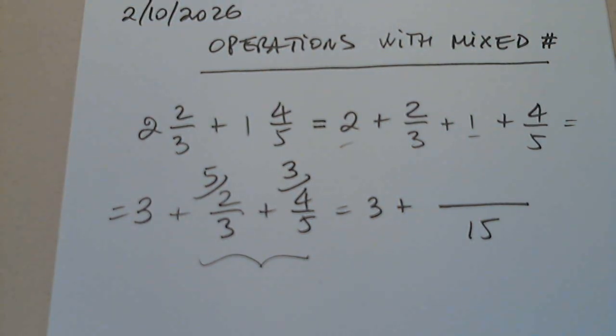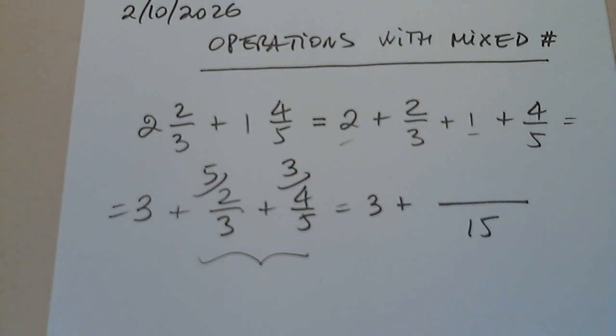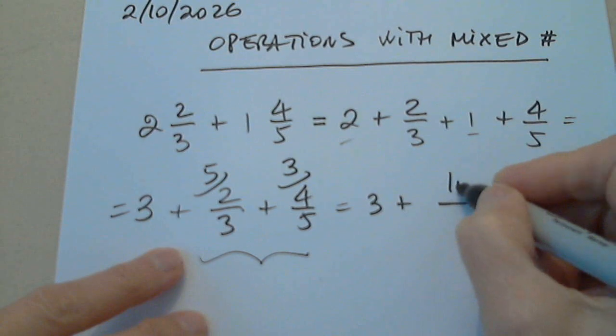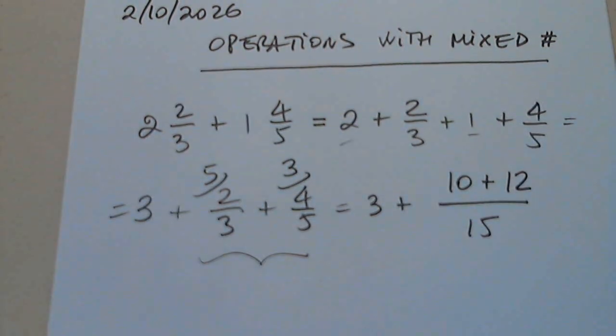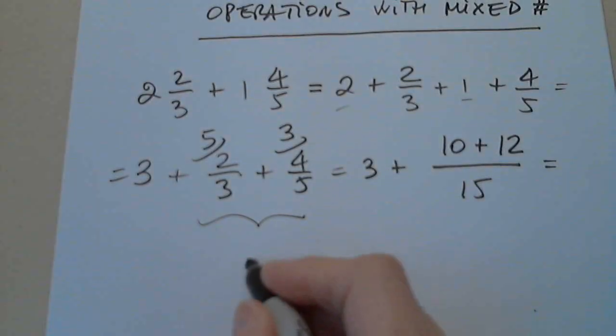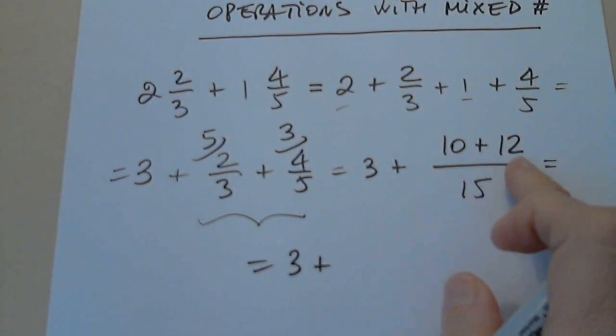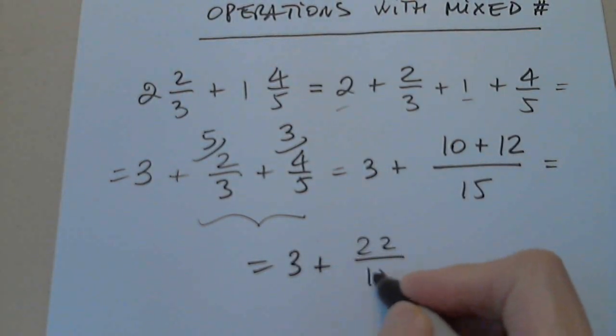Is this okay so far? So then we have 5 times 2 is 10 plus 3 times 4 is 12. Good. So I still have 3 plus 22 over 15.